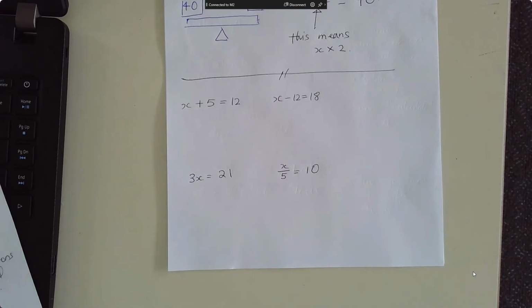So I'm going to teach you how to solve equations. Now, I think you've already done this last year, but I'm going to be very, very particular in the way that I ask you to show your working out.